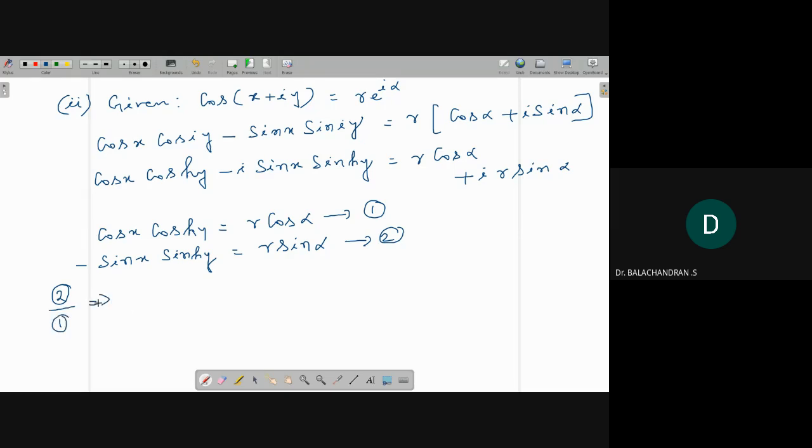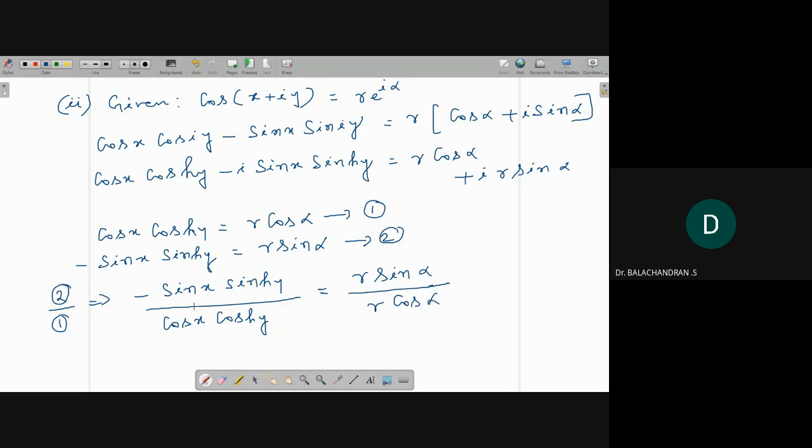So this implies, what is 2 by 1: minus sin x into sinh y divided by cos x into cosh y equal to r into sin alpha divided by r into cos alpha.